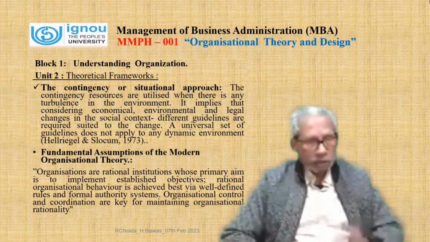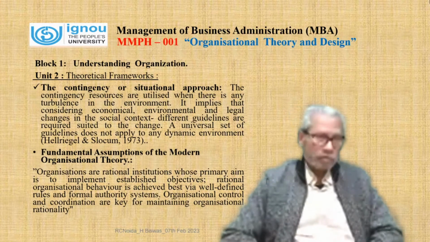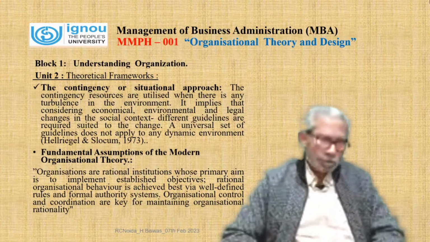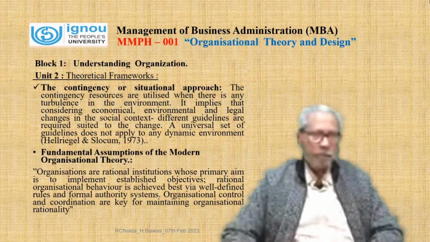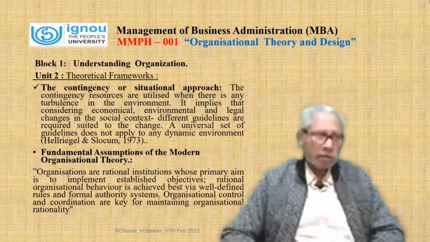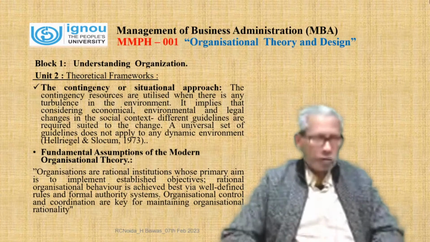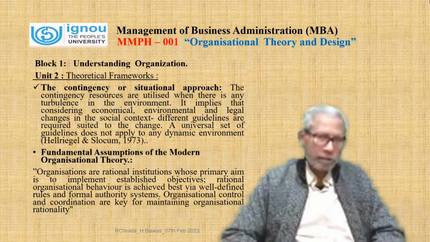So some assumptions are also there. The organizations and rational institutions whose primary aim is to implement the establishment of objectives, rational organizational behavior, and well-defined rules. So that is the control. One of the coordinations keeps maintaining the organizational reality.